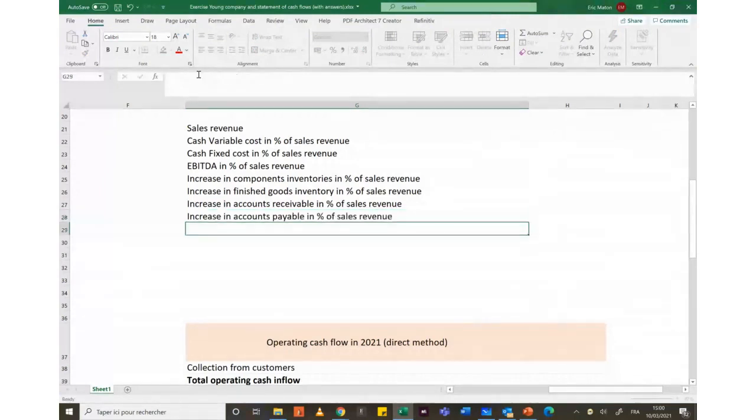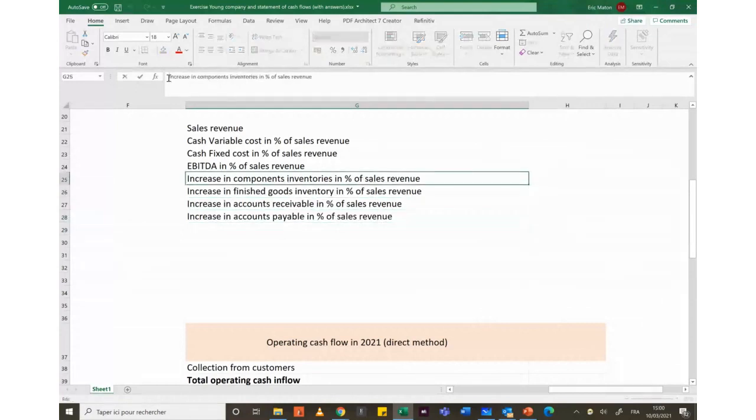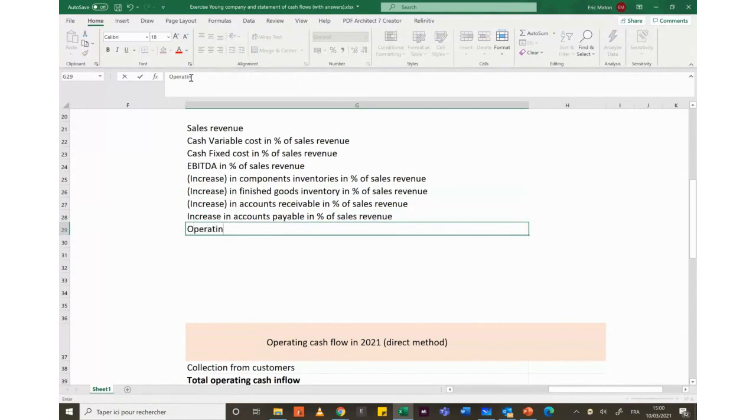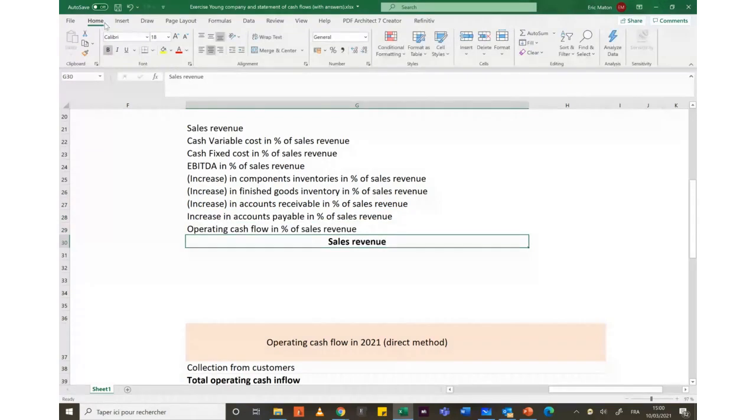So here we can specify what is negative between parentheses. Okay, with all of this, we have the operating cash flow in percentage of sales revenue. You multiply this by the expected sales revenue, and now you have the operating cash flow.